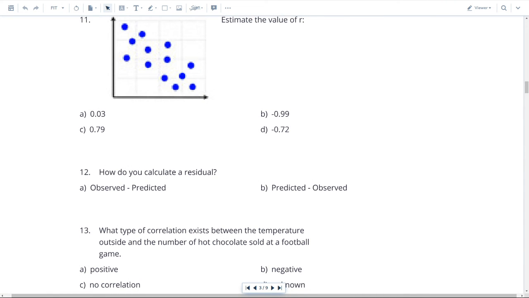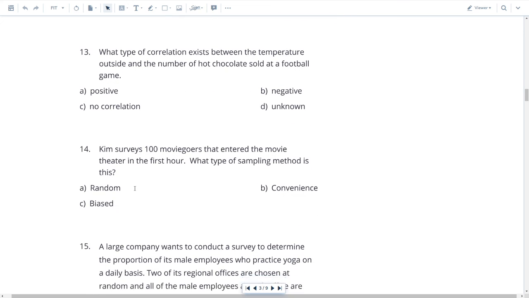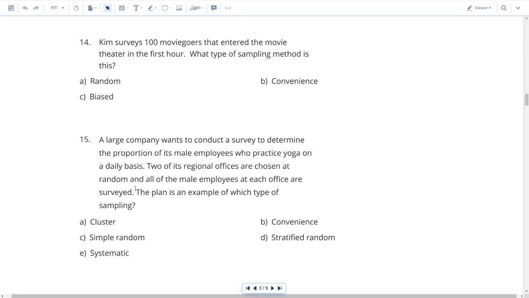Let me flip the screen back. There we go. And let's take a look at number 14. Kim surveys 100 moviegoers that enter the movie theater in the first hour. What type of sampling method is this? Number 14 looks like 56% of you got this one right.